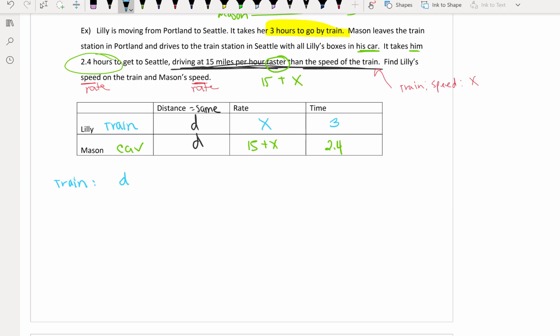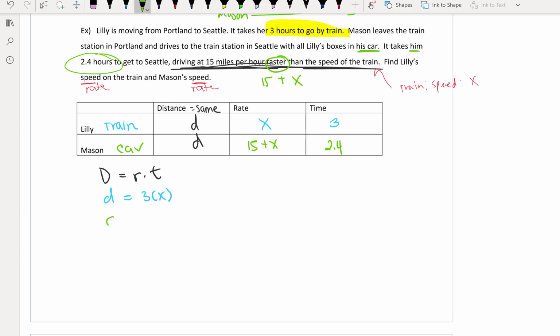So now I'm talking about the train. Since distance is equal to rate times time, then for the train, I have my distance is equal to 3 times X. And whenever we have multiplication, it doesn't matter in what order we multiply, it keeps it the same.